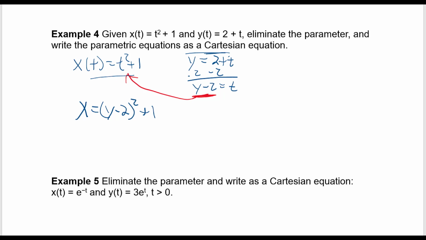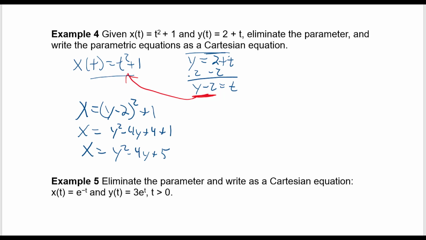But let's go the other way with this. What if I expanded this y minus 2 squared like I almost did initially? So x equals y squared minus 4y plus 4 plus 1. So x equals y squared minus 4y plus 5.